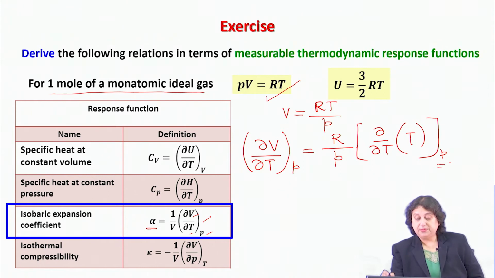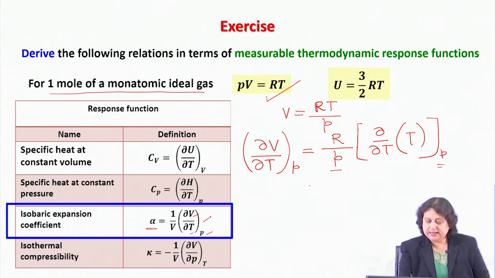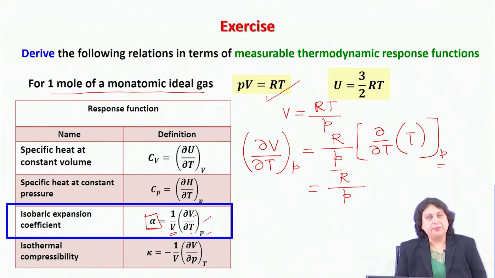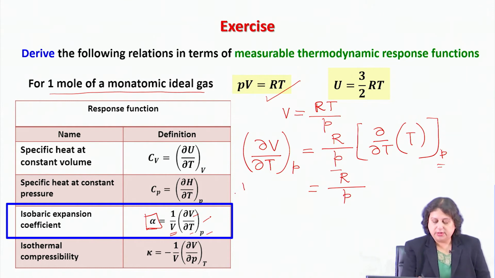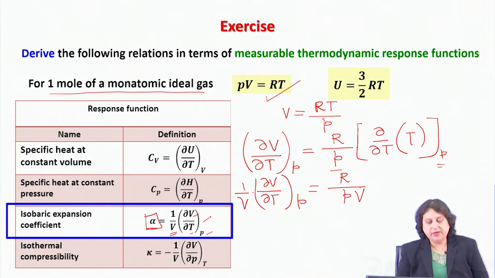Simply because I am maintaining constant pressure, I could place P outside the derivative, and therefore this is nothing but R by P. Look, the definition of alpha involves not only this partial derivative but also a 1 by V in front. Therefore, what is 1 by V into del V del T at constant P? That turns out to be R divided by PV.